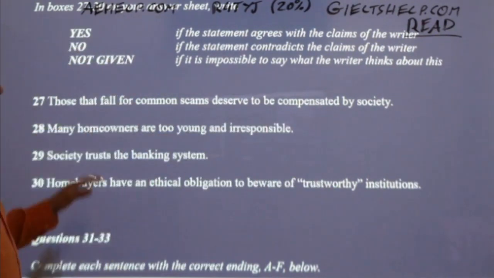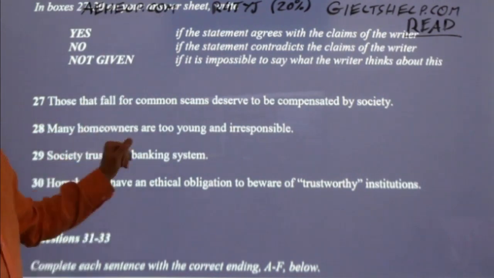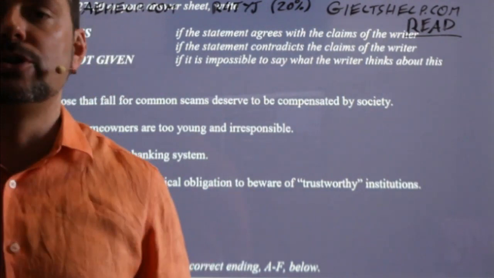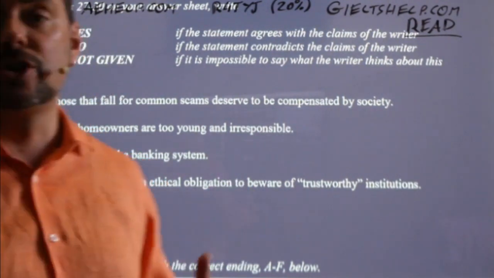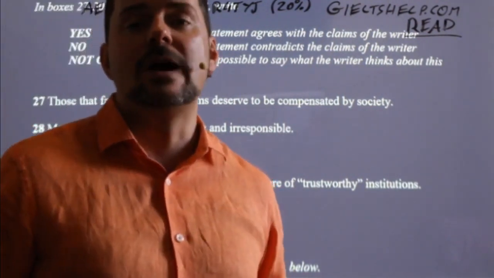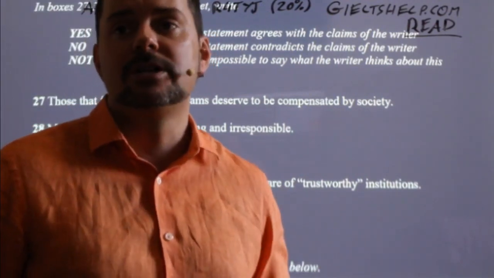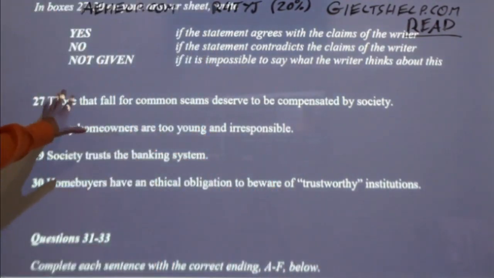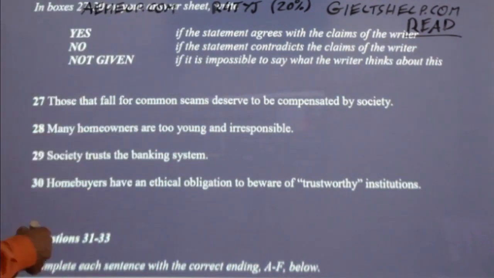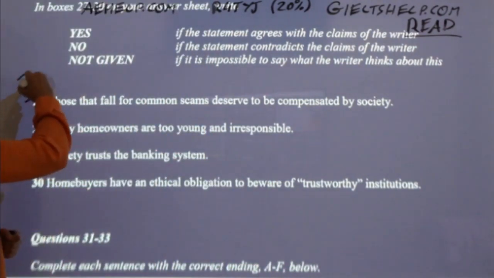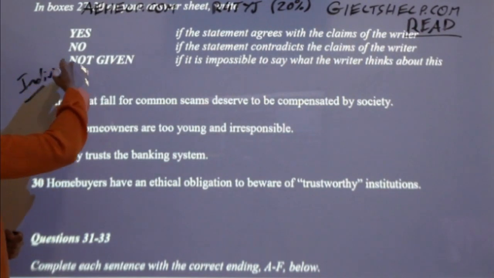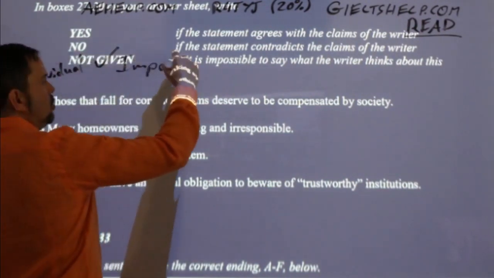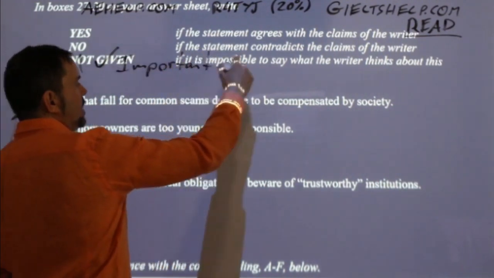It's about the individual. So is it important to know whether or not society should repay people who accidentally fall for some kind of scam? Abhishek says, yes, it is. Yes, because it's about the individual, right? And yes, it's important. So I know it's important. Therefore, I know that it's given.